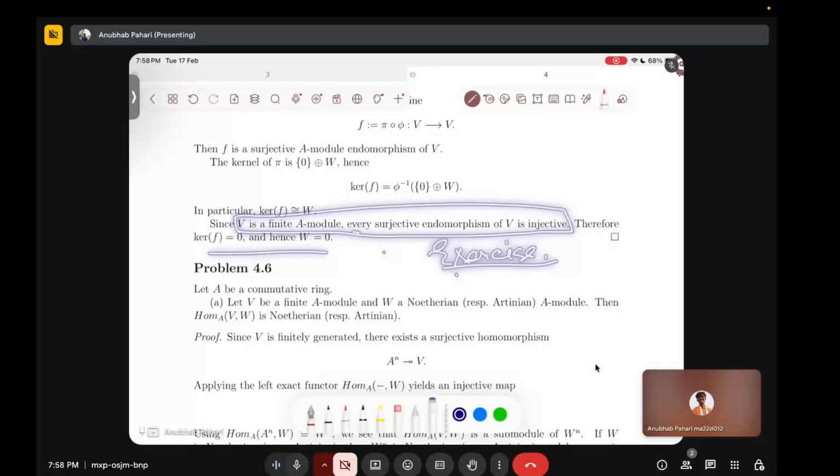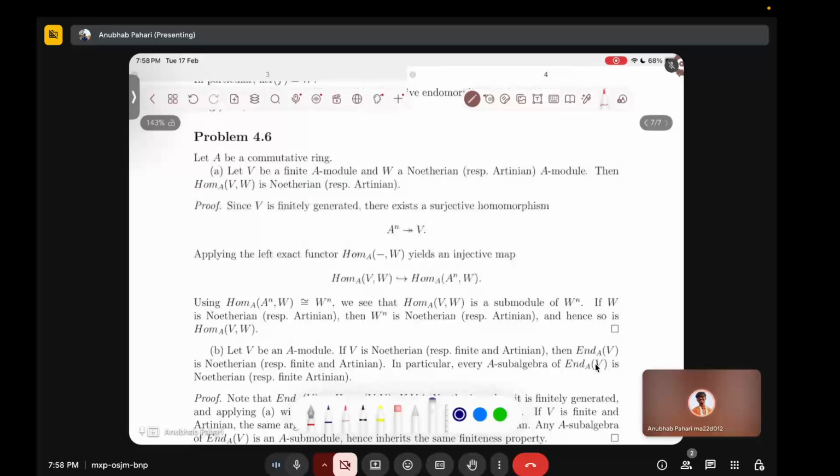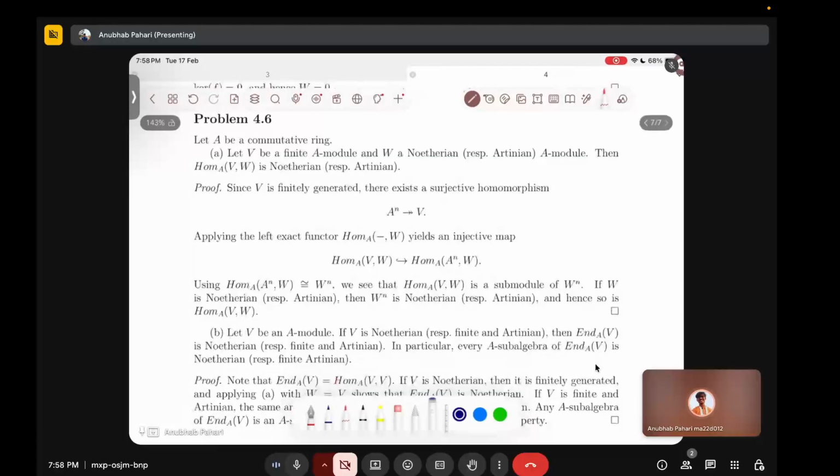Okay, now we come to problem 4.6. Let A be a commutative ring, let V be a finite A module, and W a Noetherian A module. Then we have to show that, and in the bracket respectively Artinian, the homomorphism module is Noetherian, and if you consider W as Artinian, then it is Artinian.